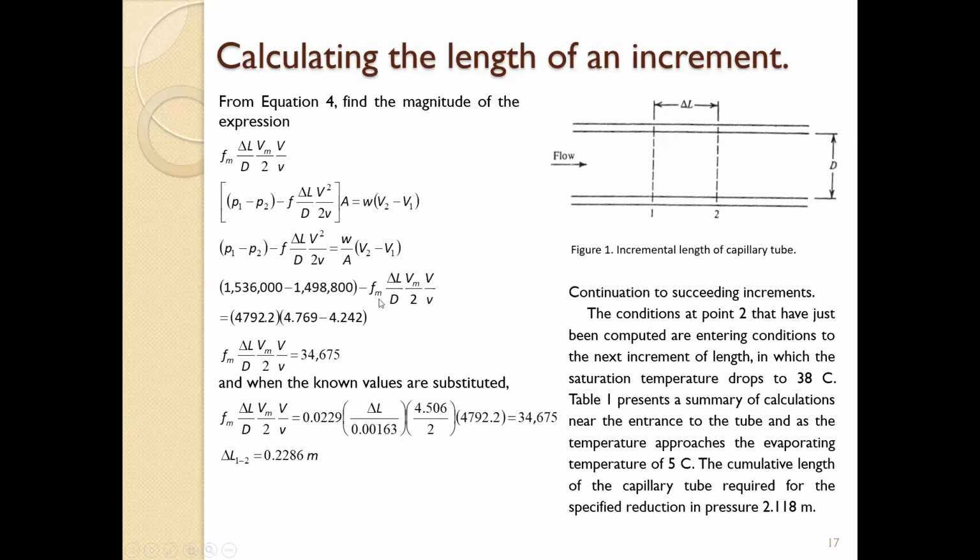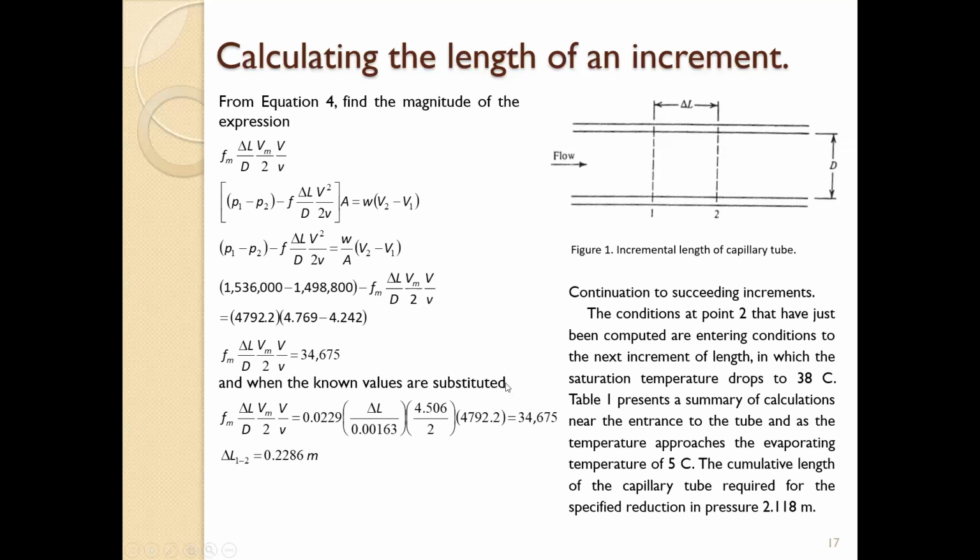So this now becomes 1,536,000 minus 1,490,000 minus fm times delta L over D times vm over 2 times v over v. You noticed that this is new. So, average, and then the other term, is equal to 4792.2 times 4.769 minus 4.2424. So the expression is 34,675.